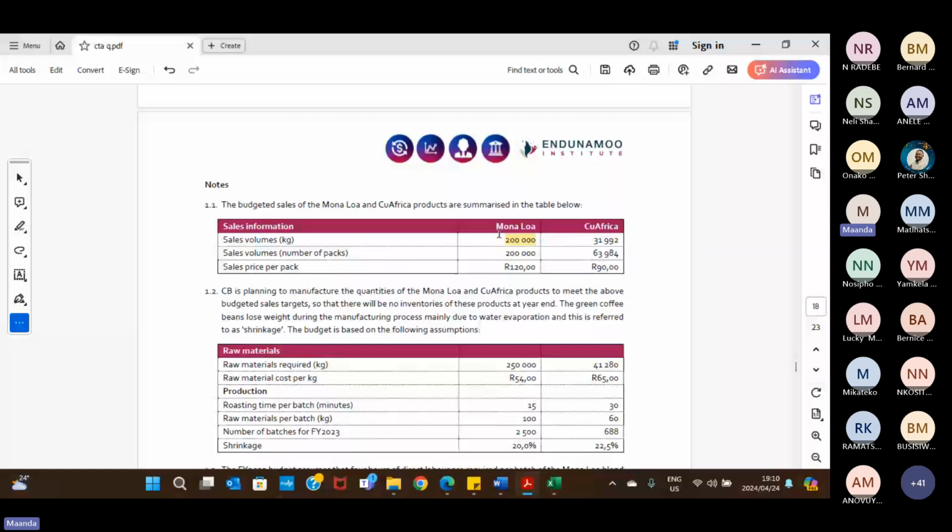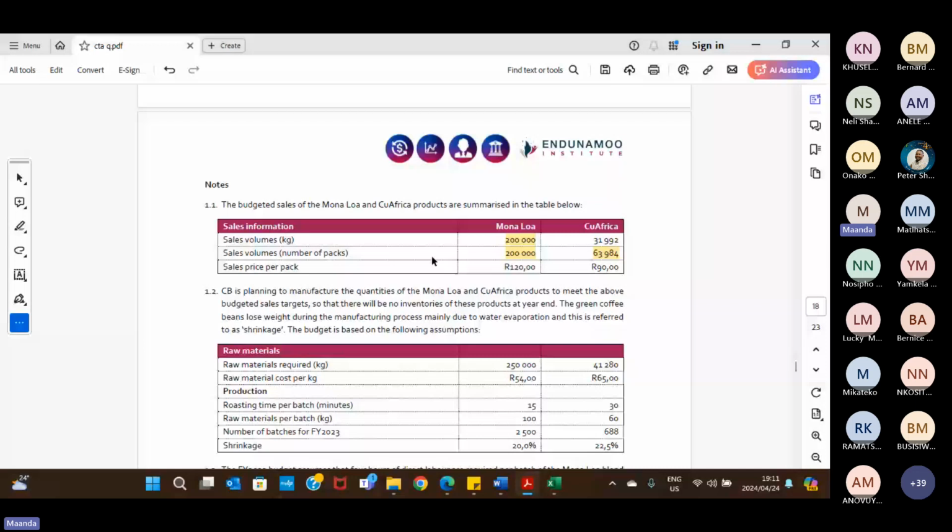But this one is 500, remember. Then here, the number of packs sold, again 200. And then here, the number of packs becomes 63984.